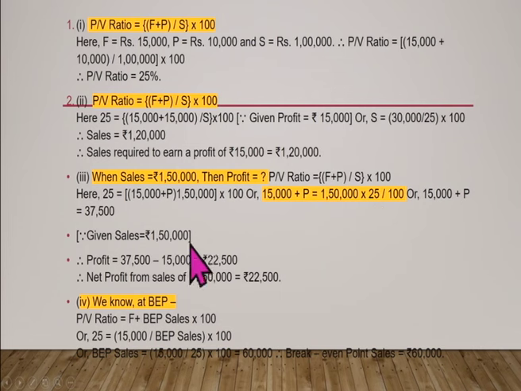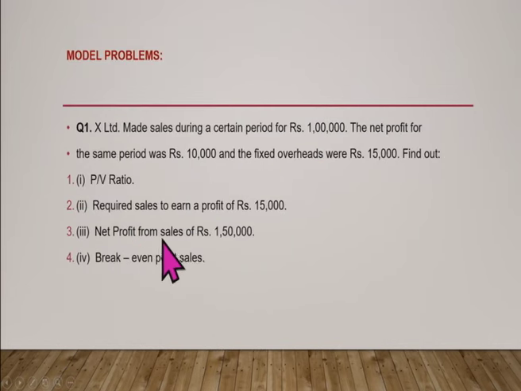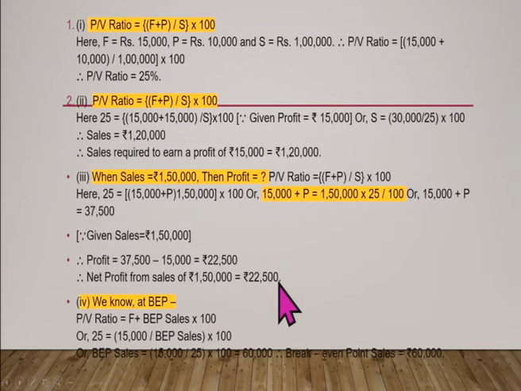So, that is nothing but 37,500. Fixed cost we already know. So, 37,500 minus 15,000 is equal to 22,500. So, when the sales are 1,50,000, our profit is 22,500.